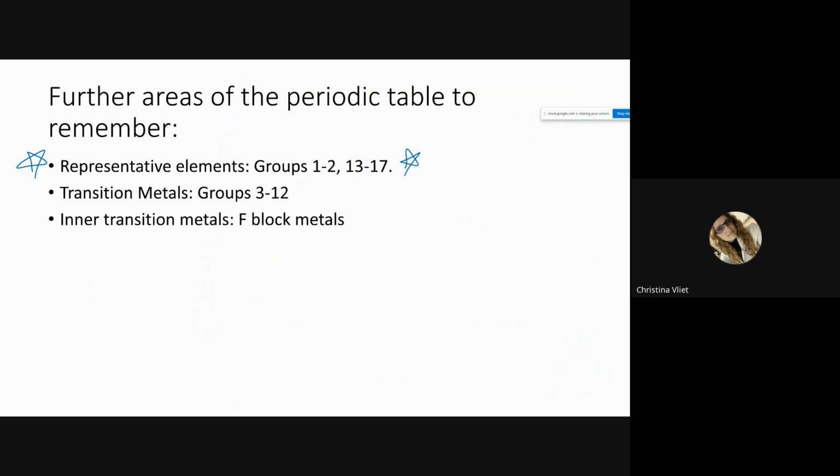You should also note, you already wrote this in, but just to have it in your notes, your transition metals are found in groups 3 through 12, and the F block doesn't really have a group number, so we just say that the inner transition metals are your F block metals, because they don't have groups designated for them on your standard periodic table. They're broken off to the side.